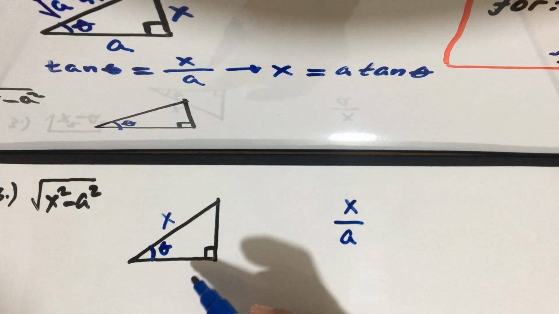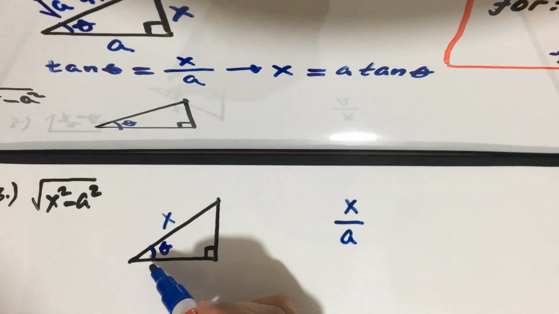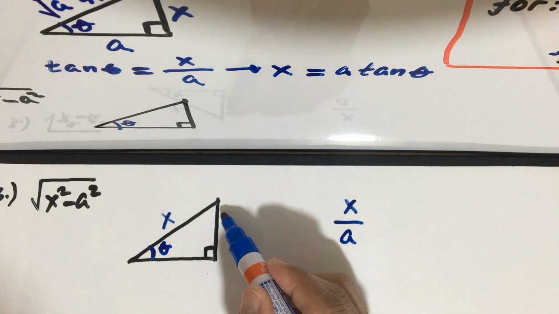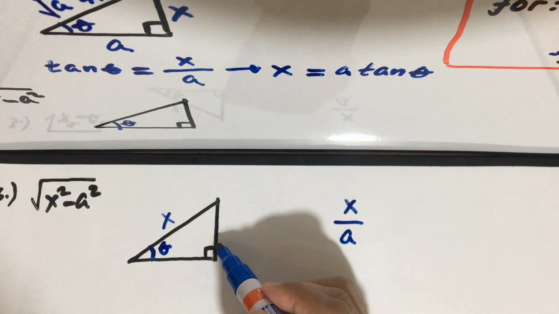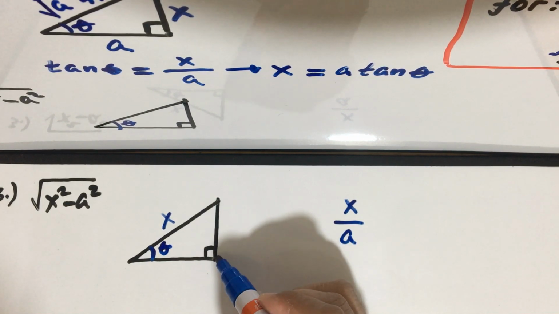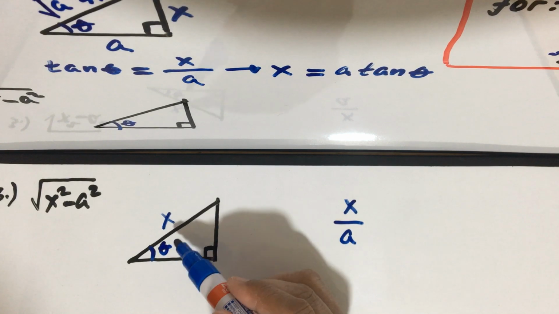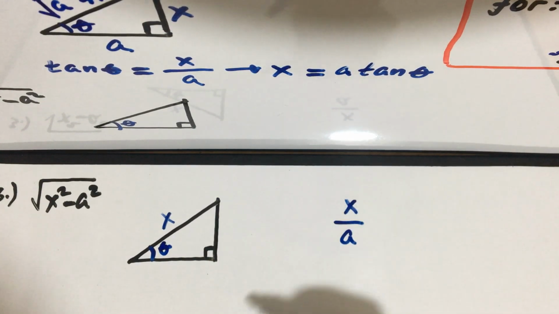We cannot use tangent anymore because x is no longer on this side. If we use sine, again, we make use of this side, and this is not x anymore because x is already here. So we cannot use tangent, we cannot use sine, so the only one left is the secant.